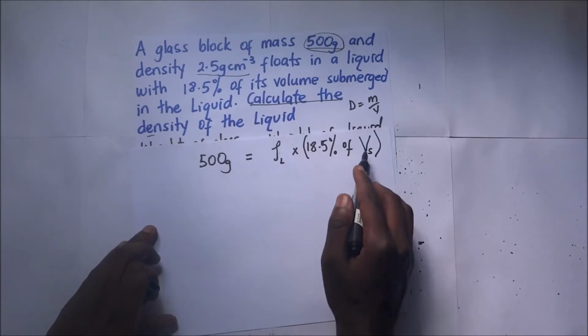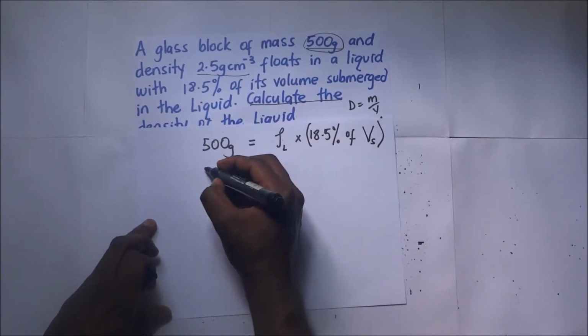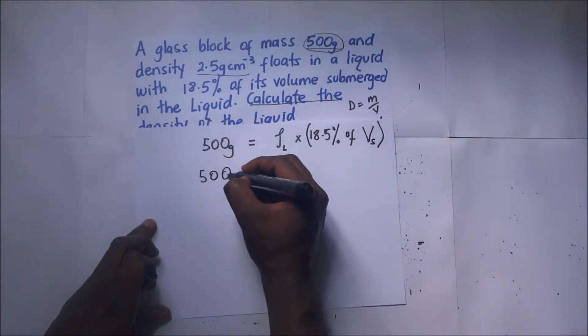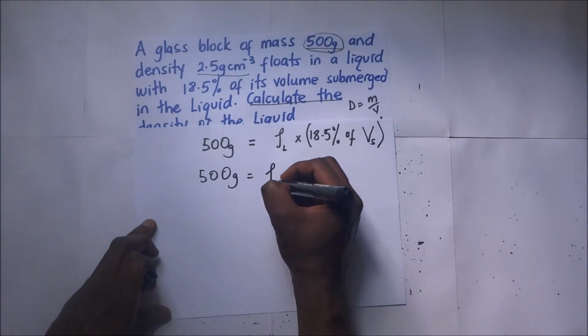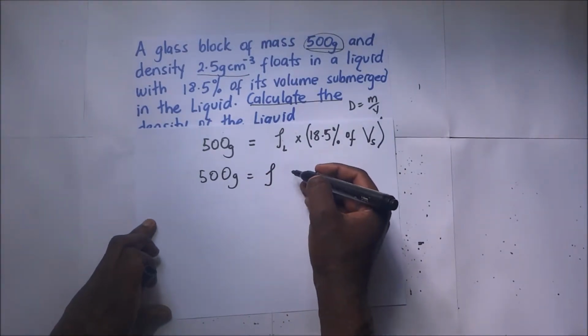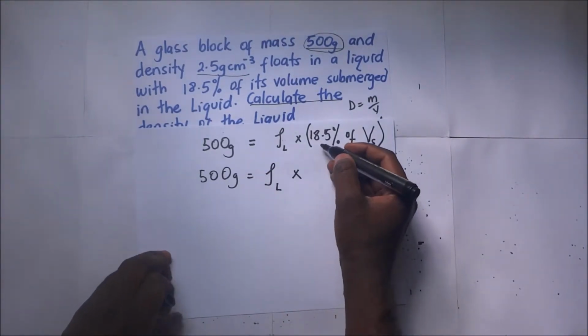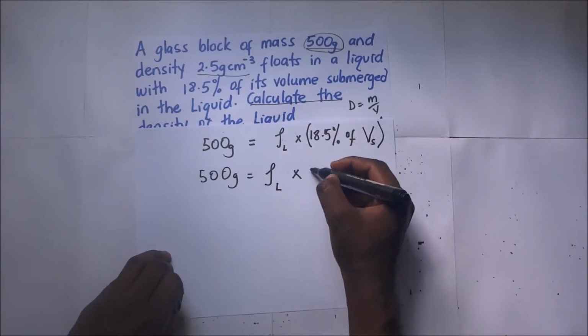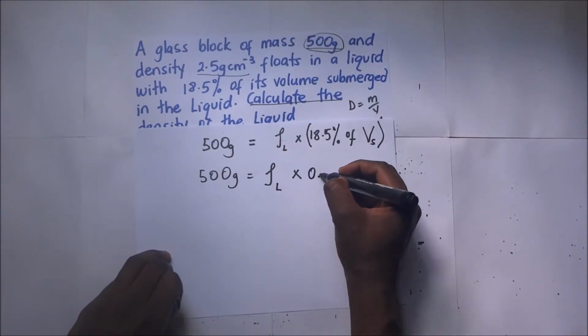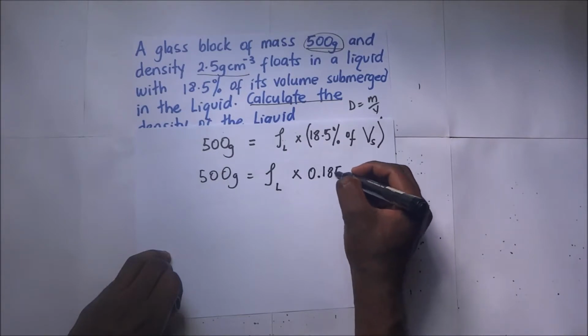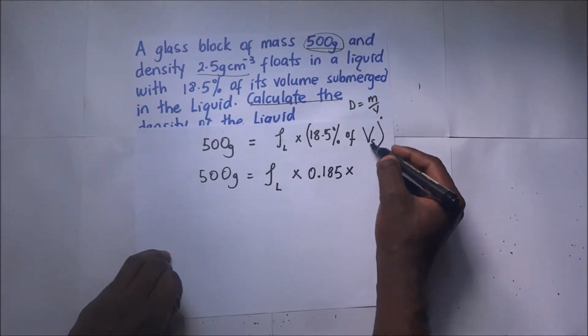So 500 grams is going to be equal to the density of the liquid multiplied by 18.5%, of course, 0.185, multiplied by the volume of the solid.